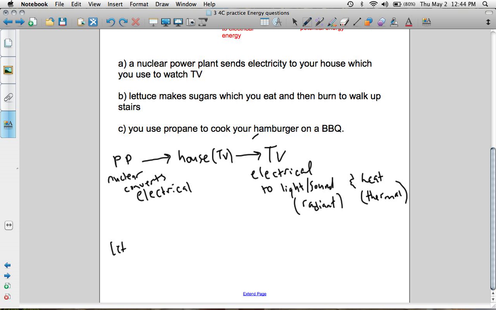Lettuce makes sugars you eat. So lettuce absorbs light, which is radiant, makes sugar, so that stores chemical potential.